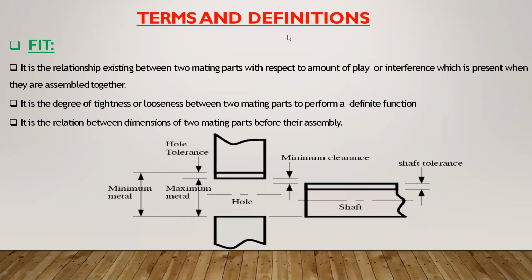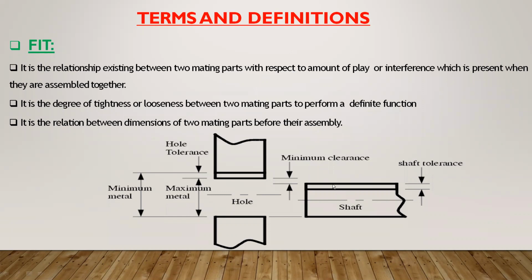So the relation between the dimensions of these two mating parts is considered before their assembly. When we are going to assemble the two mating parts, we are going to use these types of fits. In the picture, you can see the hole and a shaft which is interfering on both sides.